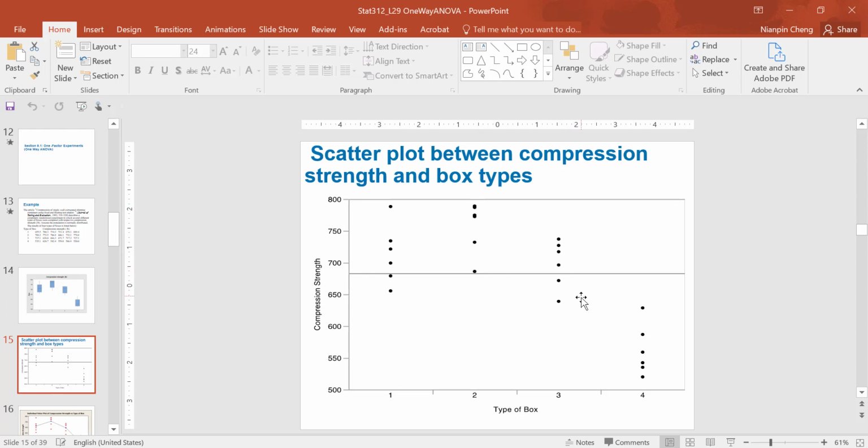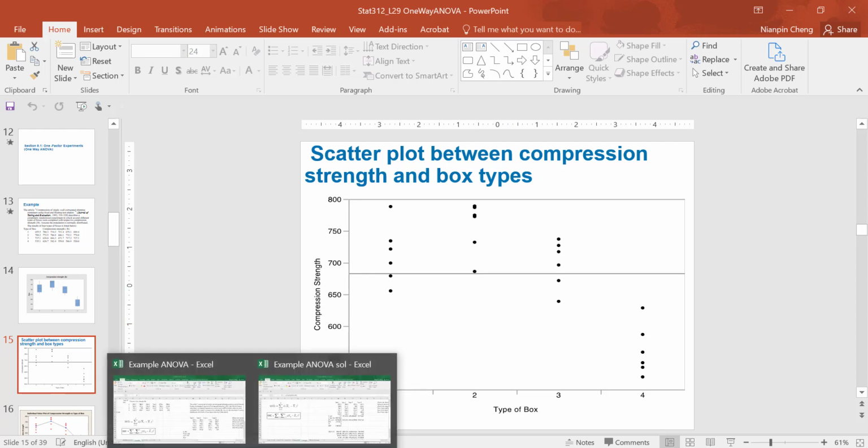If the variation between groups is much, much larger than the variation inside the groups, that means they are significantly different, so at least one average is different from the others. If the between-group variation and the inside-group variation are very close, we cannot reach that conclusion. That's why this method is called analysis of variance, the ANOVA approach.